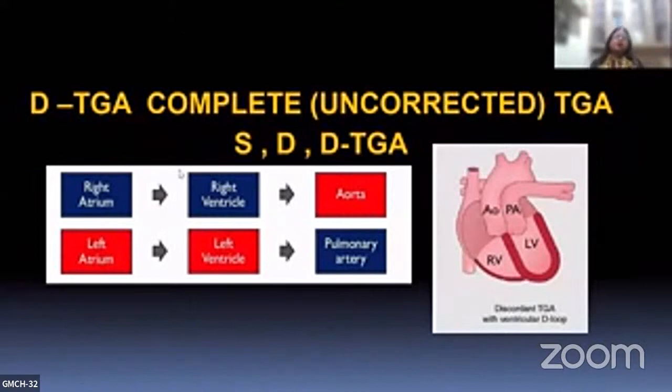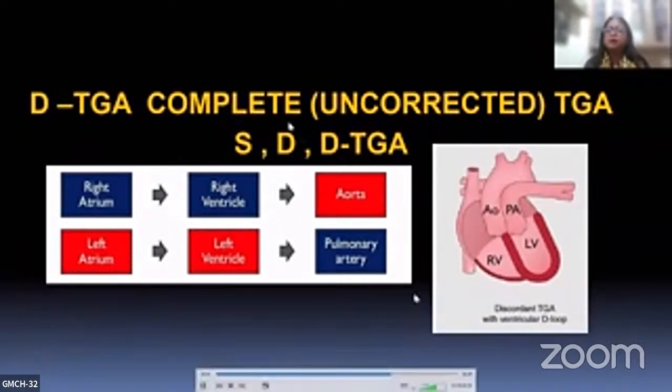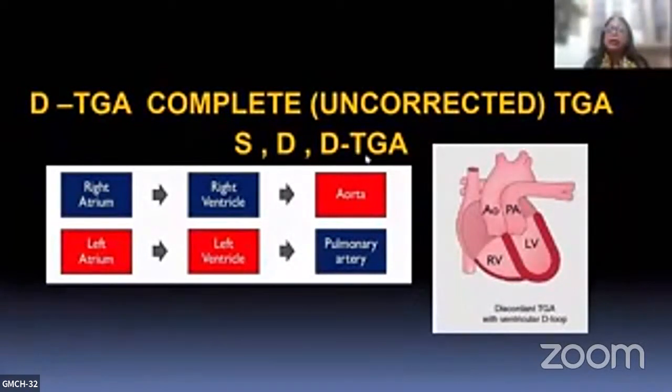Now, DTGA is a completely unconnected transposition of great arteries, or great vessels. This is the three-letter annotation which Van Praagh came up with: situs solitus, the D-bulboventricular loop, that is the dextro-bulboventricular loop, and the DTGA, that is, the aorta is towards the right of the pulmonary artery.